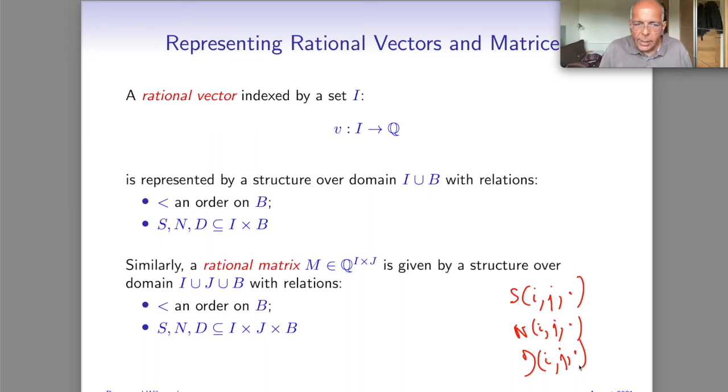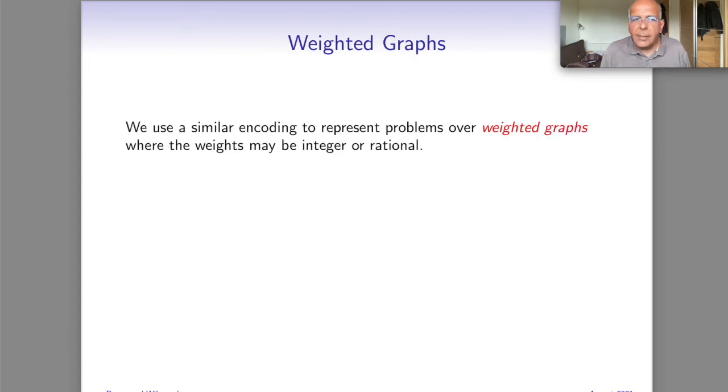You could easily extend this by suitable vocabularies to tensors of higher order, but I think this is sufficient for our purposes. As an example, suppose we wanted to talk about problems over weighted graphs. Graphs with integer or rational weights on the edges, for example.